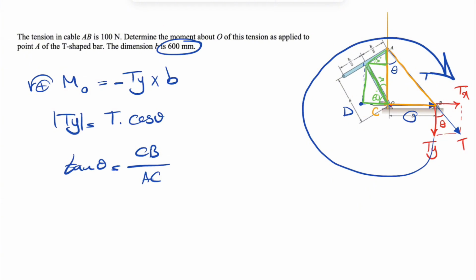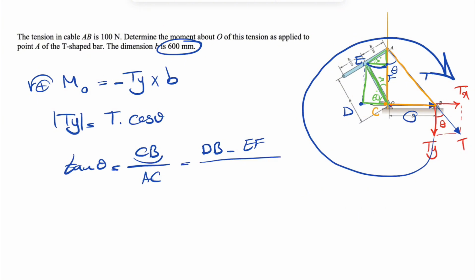For finding CB, all we need to do is DB minus this little part in here, which we can call EF. So we have DB minus EF, that's going to give us CB.